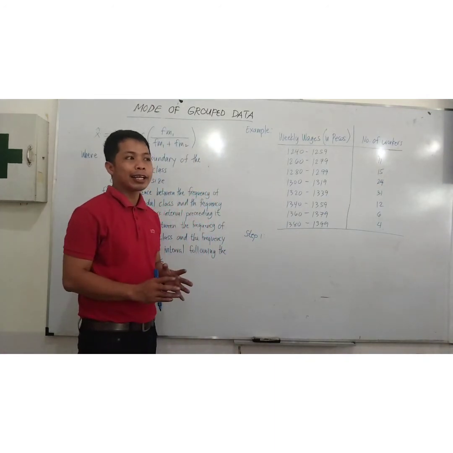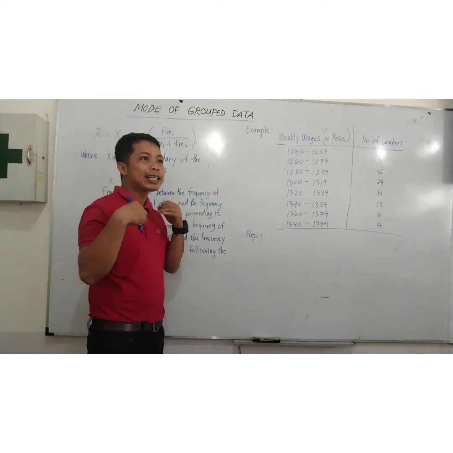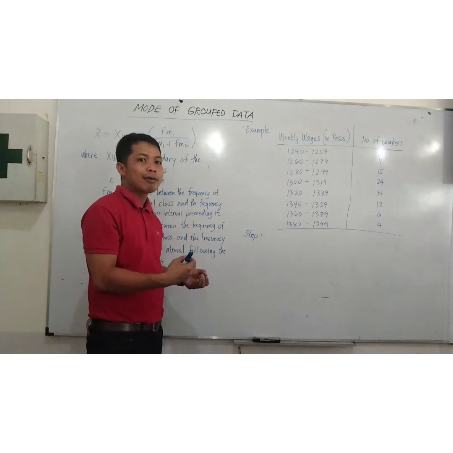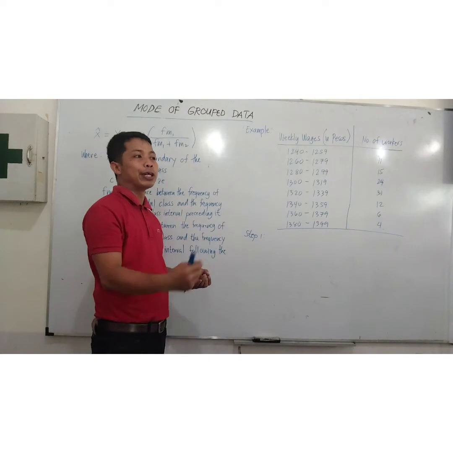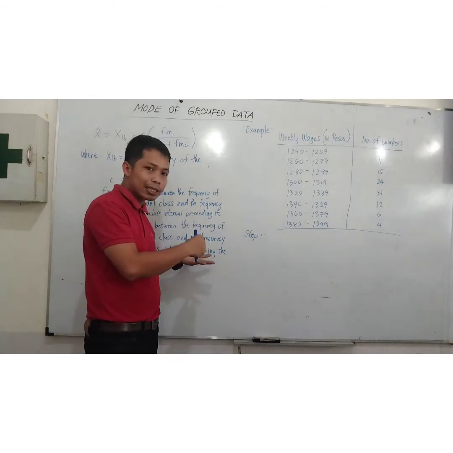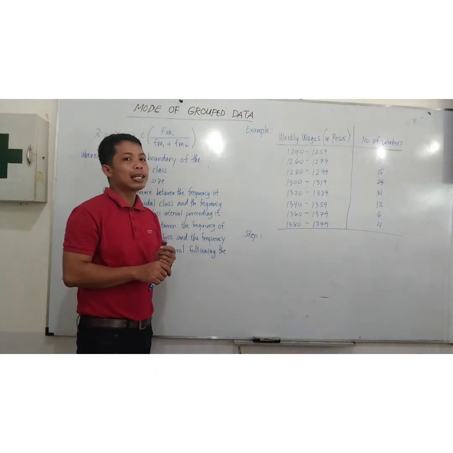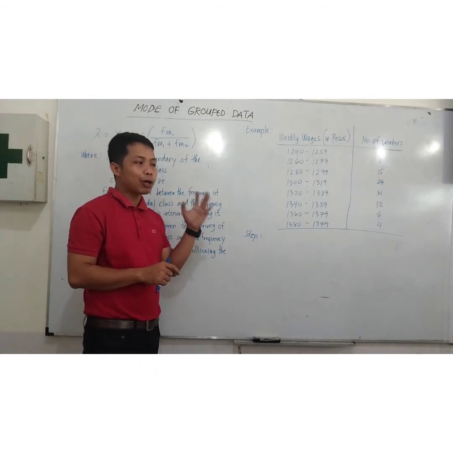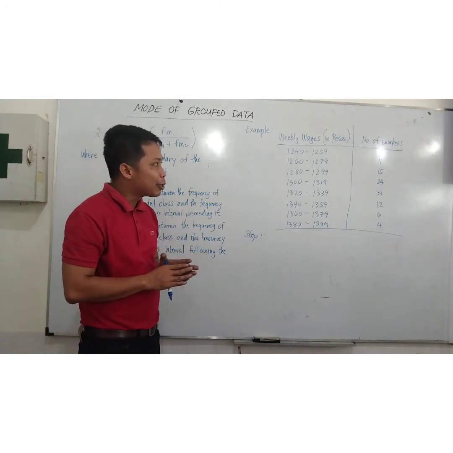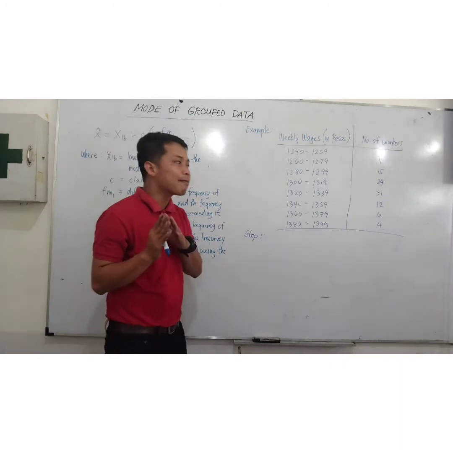Kung sa median, ang kinukuha natin is the median class. Diba yung median class, makukuha siya by computing n over 2. Kung nasaan yung n over 2 value, andun yung median class. Pero sa mode, sa pagkuha ng modal class, simply hanapin natin yung pinakamataas na frequency.